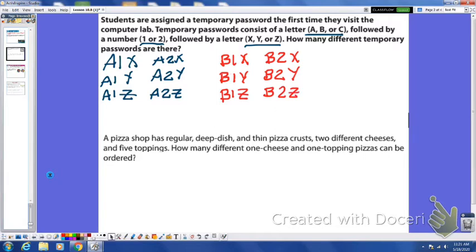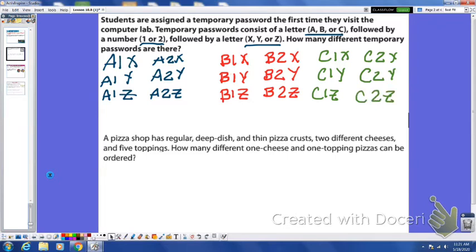And last but not least, we've got our C options. So following that same pattern, C followed by a 1 and then an X, C1Y, and C1Z, and then a C followed by a 2, and then X, C2Y, and C2Z.